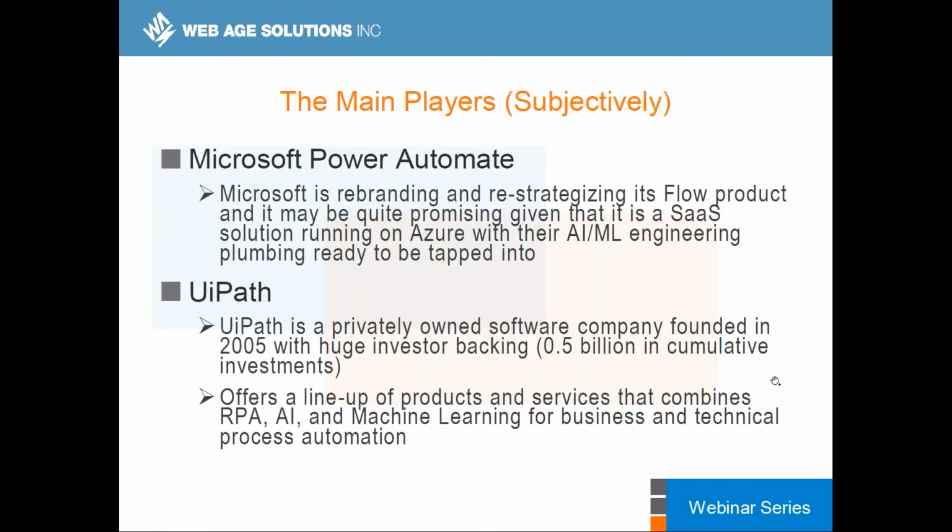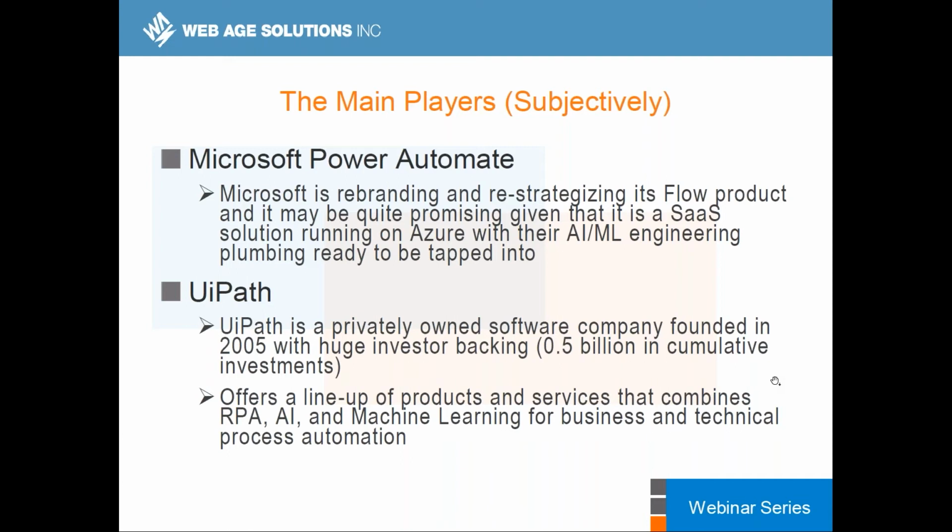So who are the main players in the field of robotic process automation? Microsoft has offered their clients the Flow product for quite a long time, and it had been gaining enough visibility and traction.